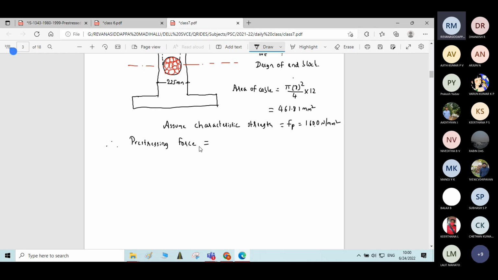If the stress in the cable were given, you would have multiplied that stress with this area of the cable. If it is not given, you take this f_p value only. P is equal to stress multiplied by cross-sectional area, 1600 multiplied by 461.81. Therefore, P is equal to 738.896 into 10 power 3.